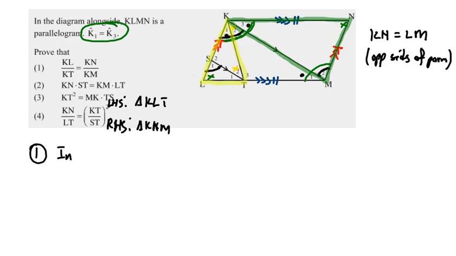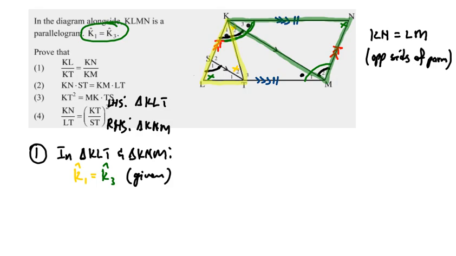We know now that we've got triangle KLT and triangle KNM. Now we will start with KLT. Remember, that's the yellow one, so I will again keep the yellows on the left. I will kickstart the process by saying the angle K1 is equal to the angle K3, and this was given.